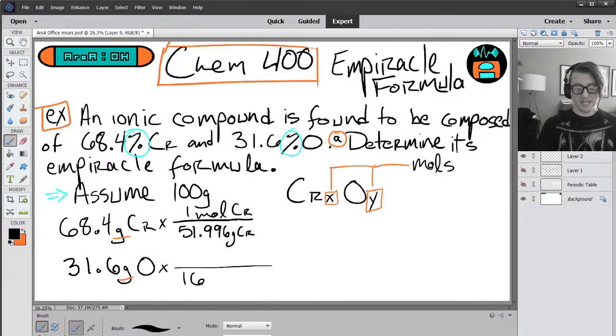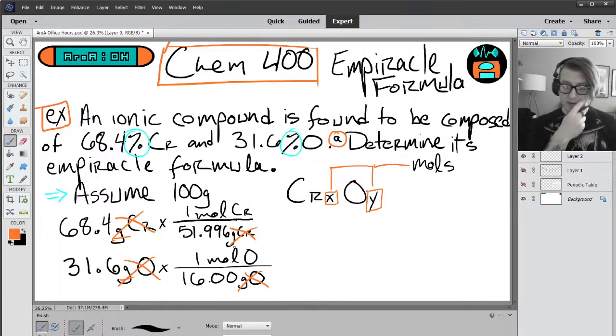Oxygen has an atomic mass of 16.00 grams in a mole. So grams of oxygen cancel, grams of chromium cancel, and now we can crunch our numbers to find how many moles of each are present.